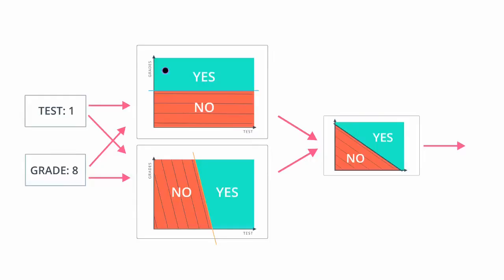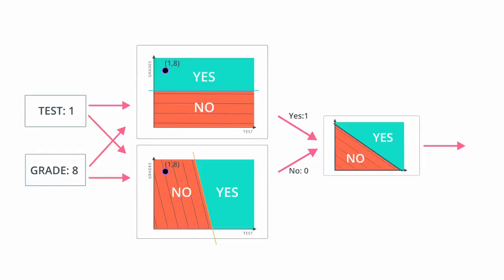In the top node, the point 1, 8 is on the green or positive region, so the top node emits a yes. In the bottom node, the point 1, 8 is on the red or negative region, so the bottom node emits a no. Now we remember that a yes is represented by a 1 and a no is represented by a 0.